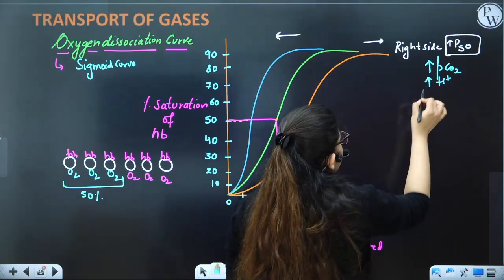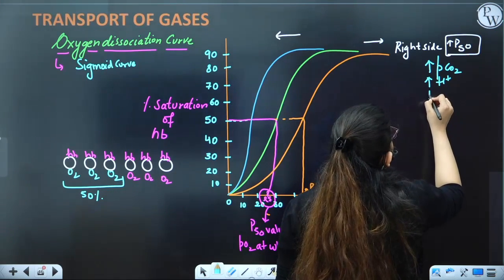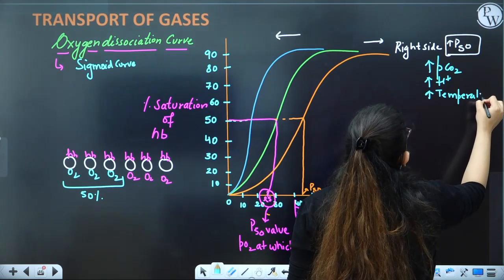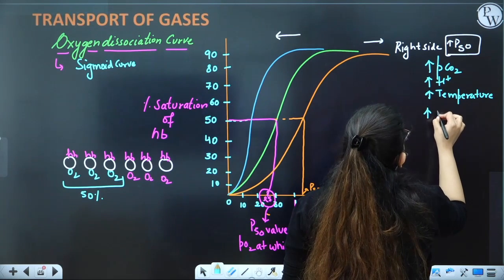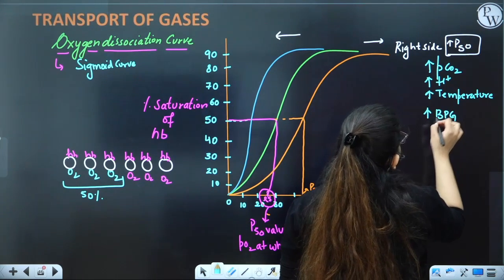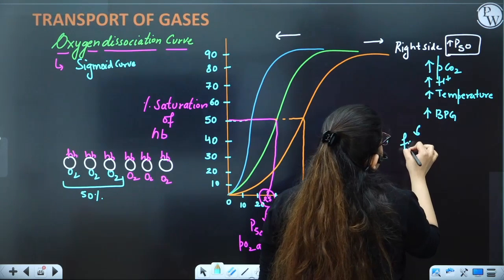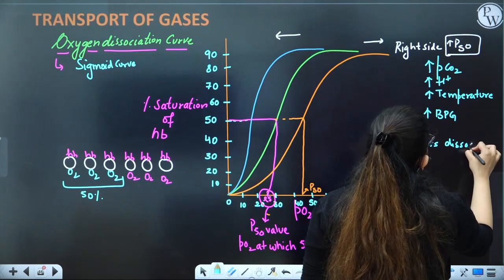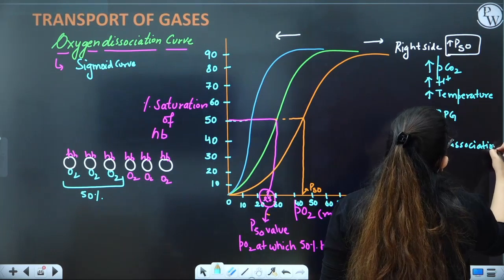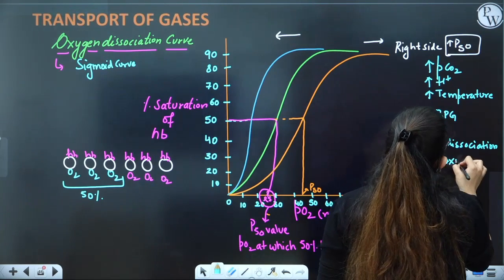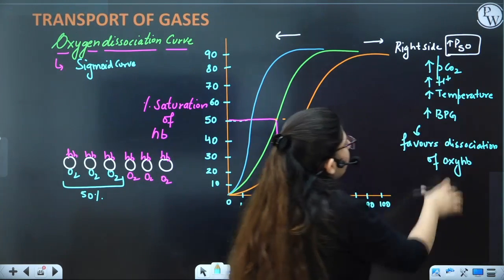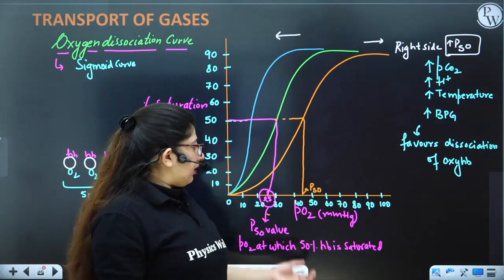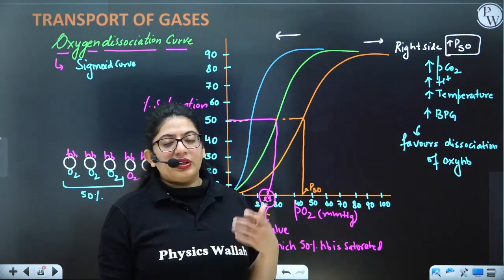If there is increase in PCO2, increase in H positive ion, increase in temperature, or increase in BPG, all these will cause right shift. All these favor breakage of oxyhemoglobin, or dissociation of oxyhemoglobin. Okay, so these all are villains. They want to destroy the oxyhemoglobin. As a result, you need to put more effort, increase P50.